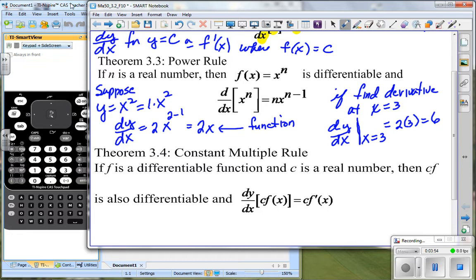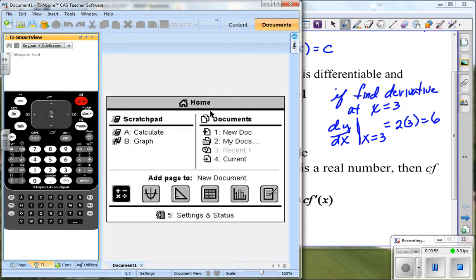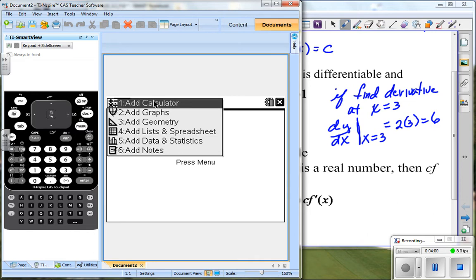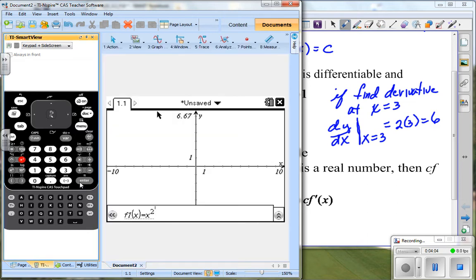Now let's go to our Inspire, and let's verify that. Use a new document, and let's add a graph, and we're going to graph the function x squared. Now we've been through this before, so I'm going to just move through the actions here.